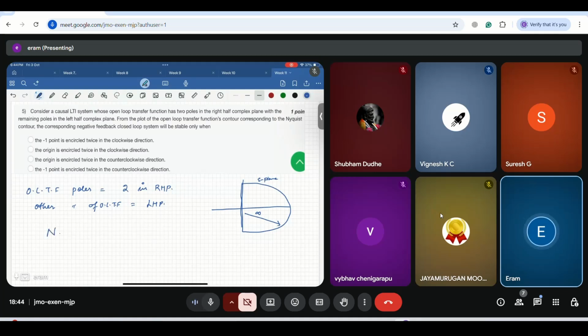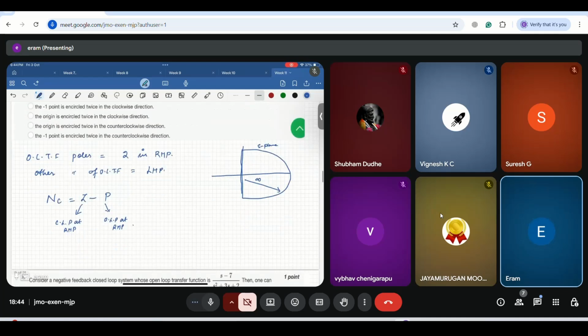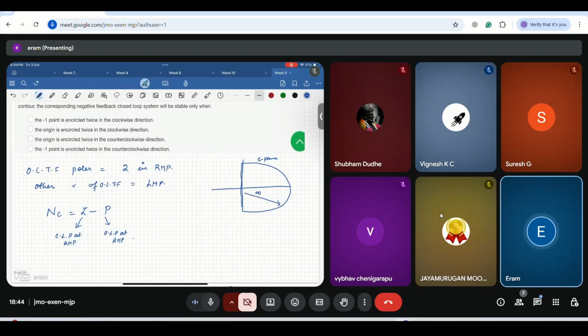Now let's again recall what is the Nyquist stability criteria. It is Z minus P, where Z represents closed loop poles at RHP and P represents open loop poles at RHP. Now what is the condition for closed loop stability? We want our closed loop poles to not lie in RHP. So which parameter should be 0, Z or P?